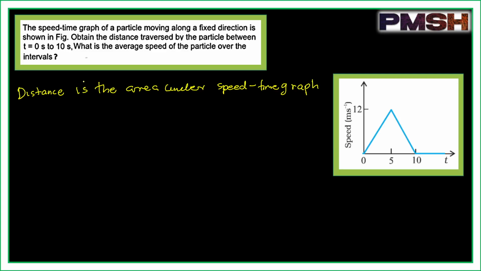So what we have to do? We just want to calculate the distance between time equal to 0 and time equal to 10 seconds. So what you will do? You will calculate that area. You will calculate this area. You will calculate this area. So you can say that the distance, I'll just change the color.